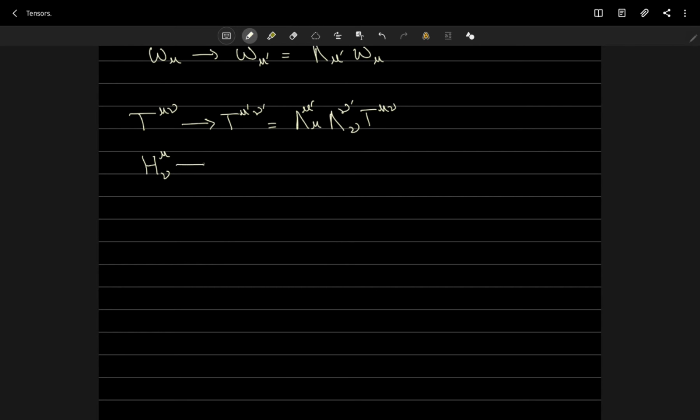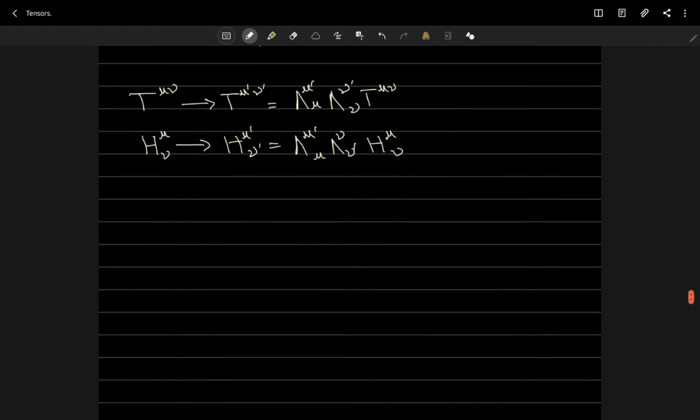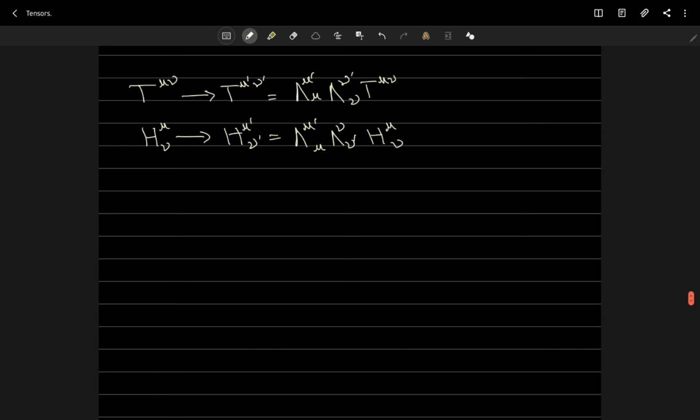This thing would transform as h^μ′_ν′, and that would simply be equal to Λ^μ′_μ Λ_ν′^ν h^μ_ν. And we could go a bit further and also write down a tensor that is a covariant tensor.